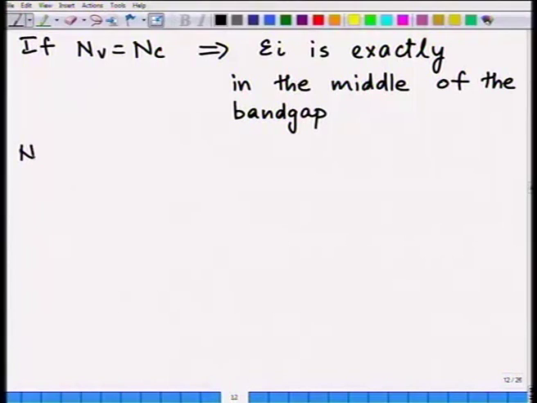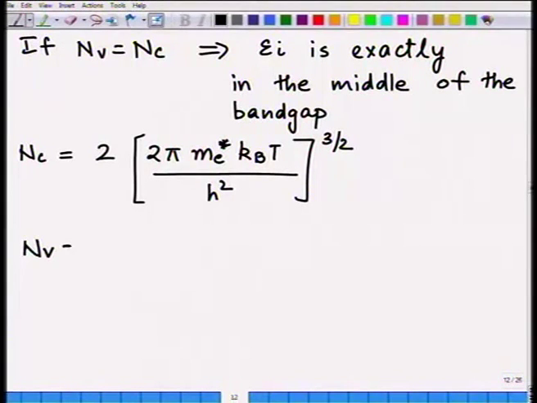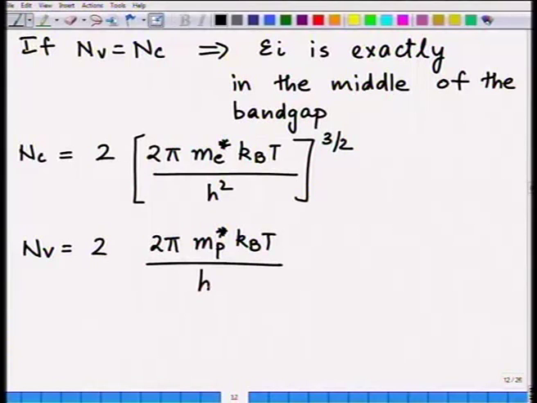So, NC you will recall was equal to 2 times (2 pi ME star kBT by h square)^(3/2), h square, not h bar square, keep that in mind, and NV was equal to 2 times (2 pi MP star, effective mass of hole, kBT by h square)^(3/2).